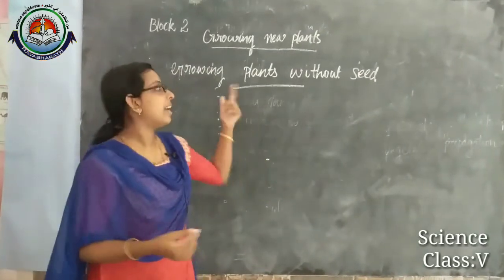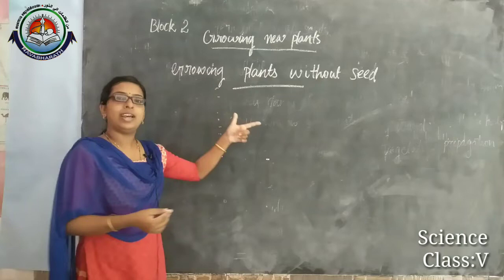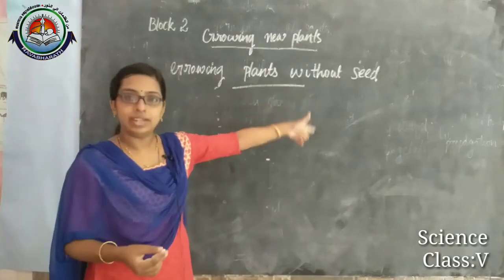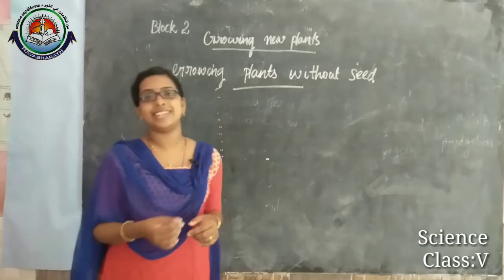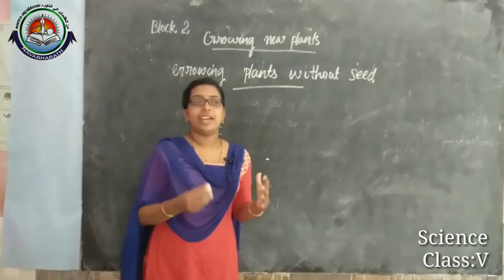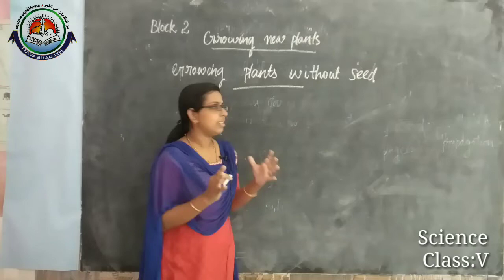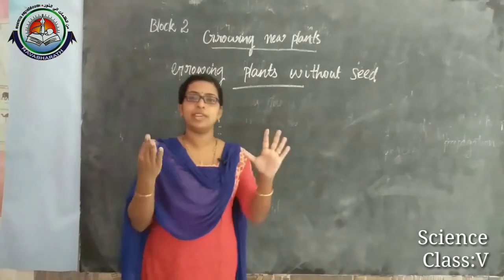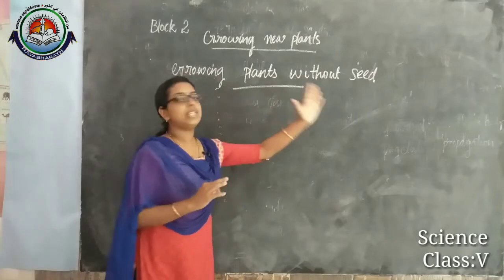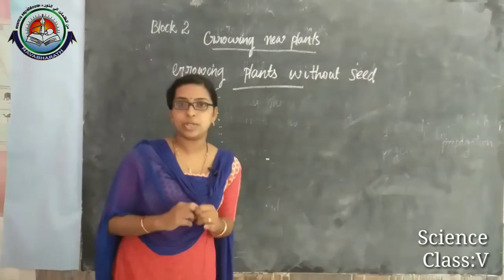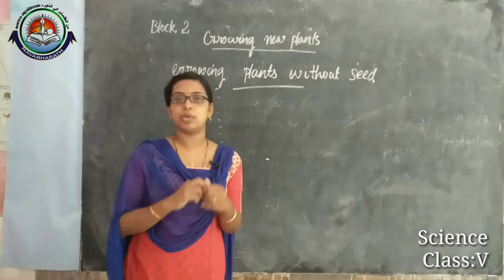In the last chapter, or last block, we learned that new plants come from a seed, and now growing plants without seed. It will be like a confusion. Is there any confusion? No problem, we can clarify it. Okay, so growing plants without seeds. Is it possible? Yes, it's possible.